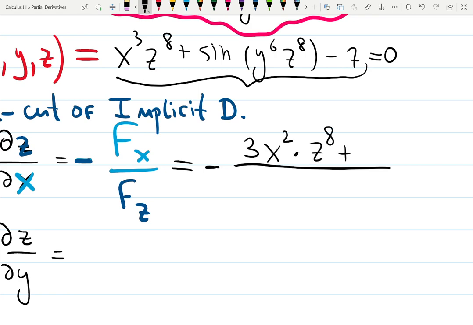Agree? I would color code the parts I'm actually differentiating, and whatever I'm copying. What is the derivative of sine y to the 6 z to the 8 with respect to x? Cosine y to the 6. Nope. Sine y to the 6. Nope. 0. That's why it's so fun, okay?